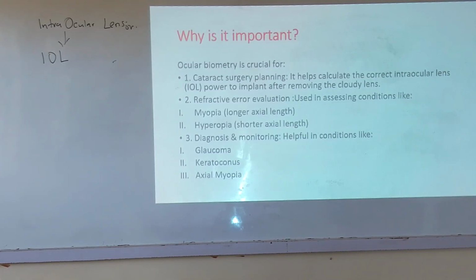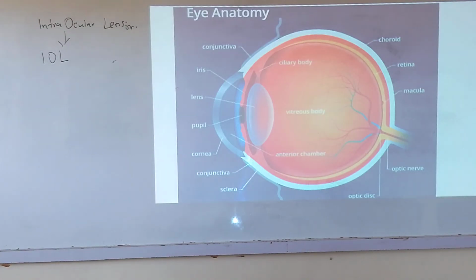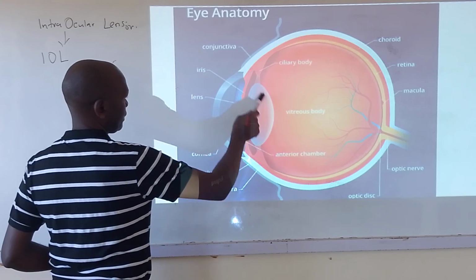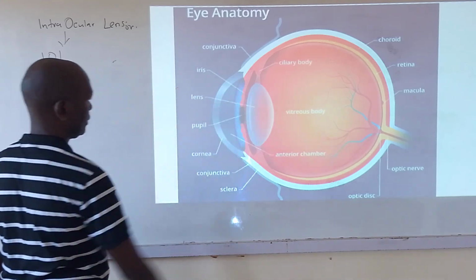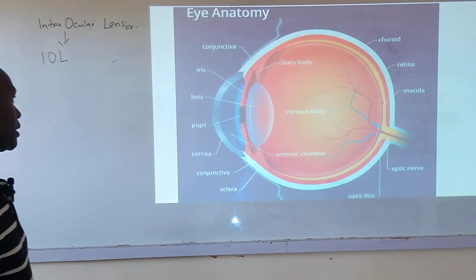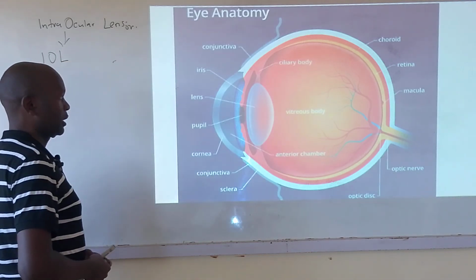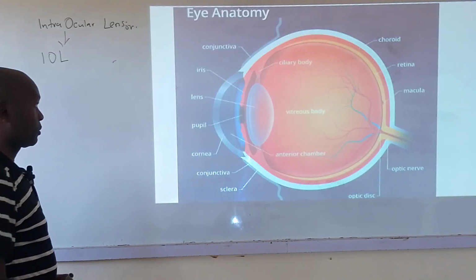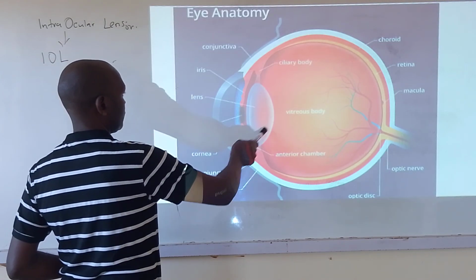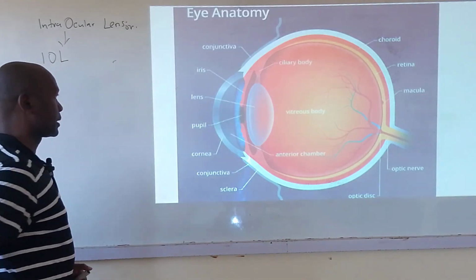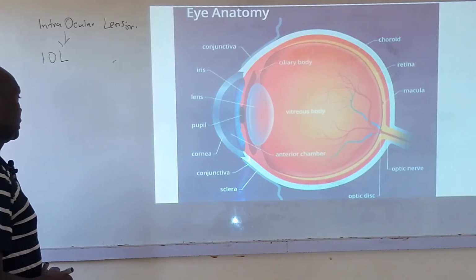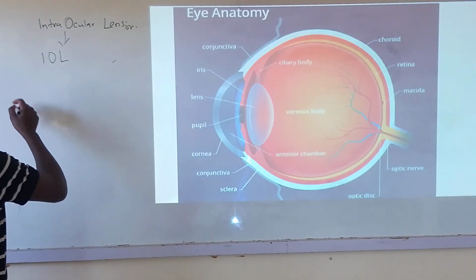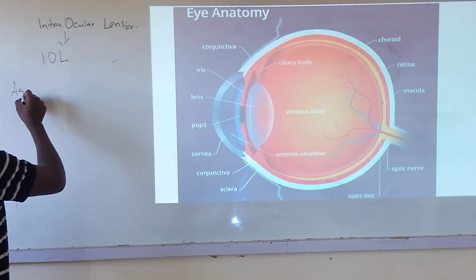If I may just take you back to this diagram here. In cataracts, there is opacification of lens. This structure here. Remember we said it is one of the optical structures of the eye. So it has to be transparent. But because of a number of issues, this lens can get opacified. One of the causes is age.